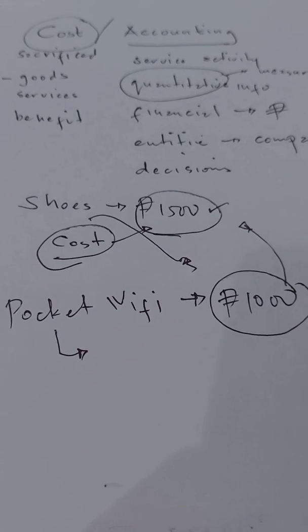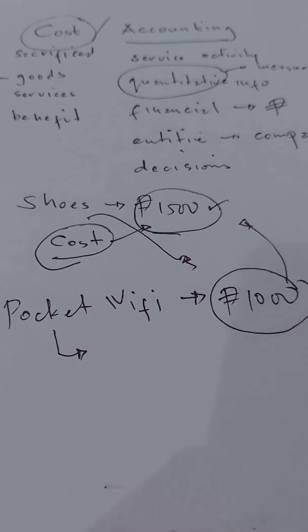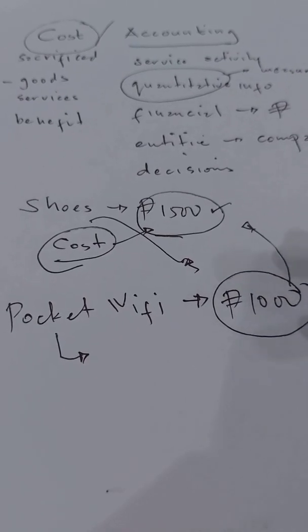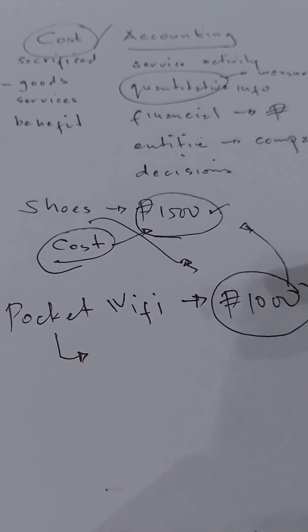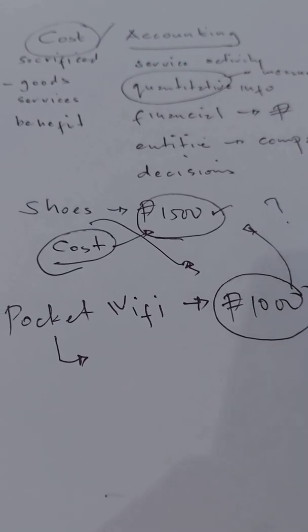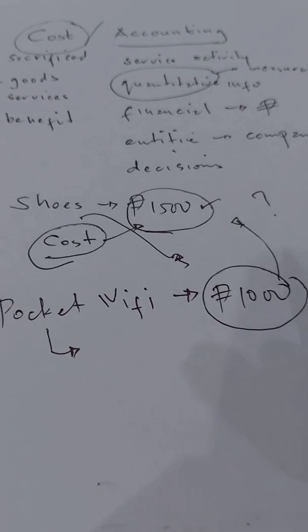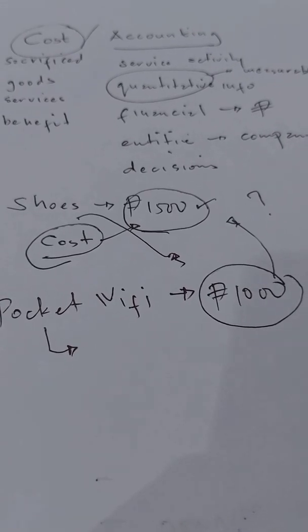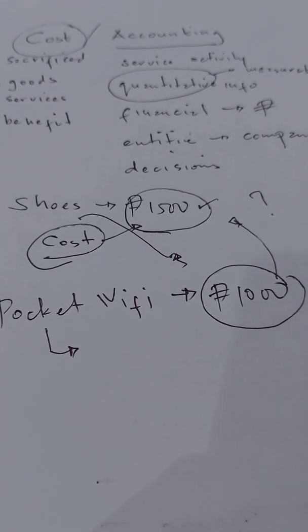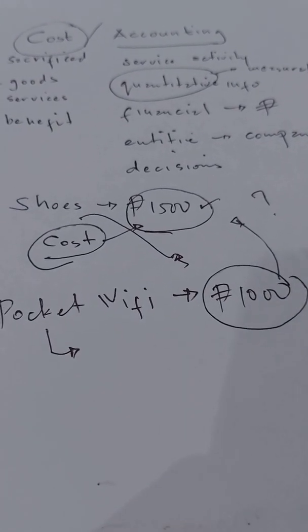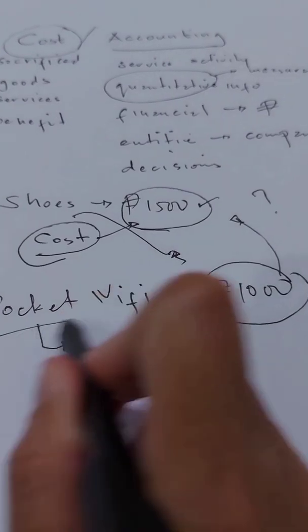Ang tanong, since nasa iyo na yung packet wifi, magkano ngayon yung cost ng packet wifi para sa'yo? 1,000 ba? Or 1,500. Sabi natin, pag sinabi natin cost, cost is the cash or cash equivalent value sacrifice for goods and services. Ano ba yung sinacrifice mo? Ano ba yung give up mo para magkaroon ka ng packet wifi?